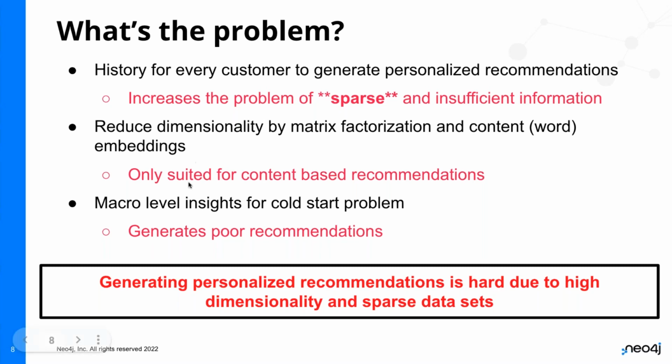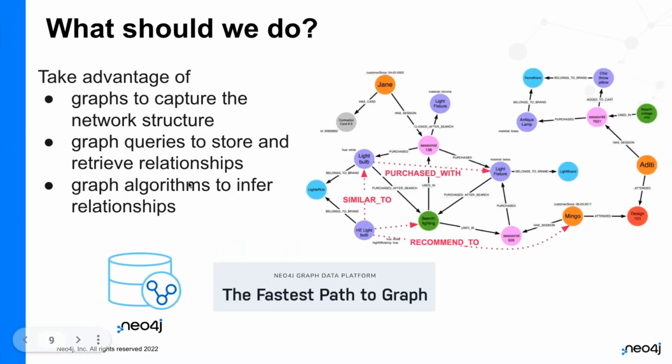So what's the solution for this? We should take advantage of data structures to capture the network structure that we are ignoring, so that we can apply some machine learning models. And we should also take advantage of graph databases and graph query languages to store and retrieve relationships between different entities so that we can get different types of insights.